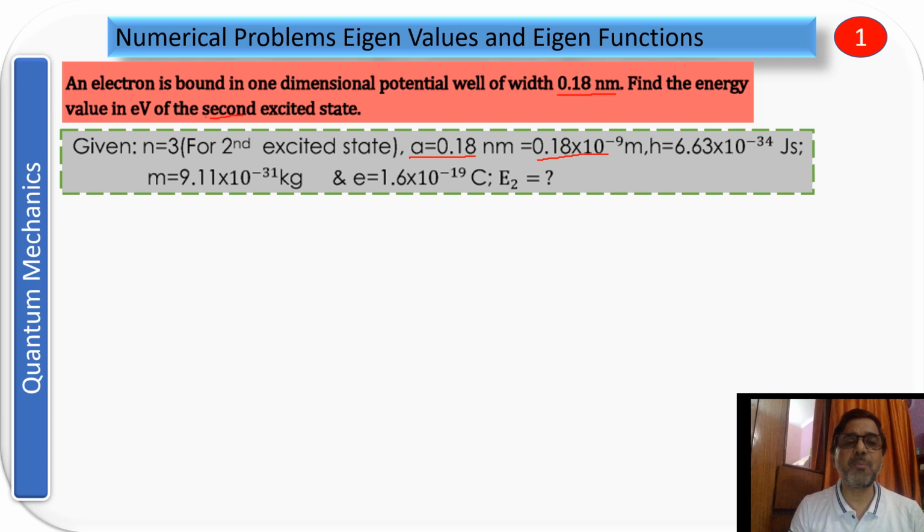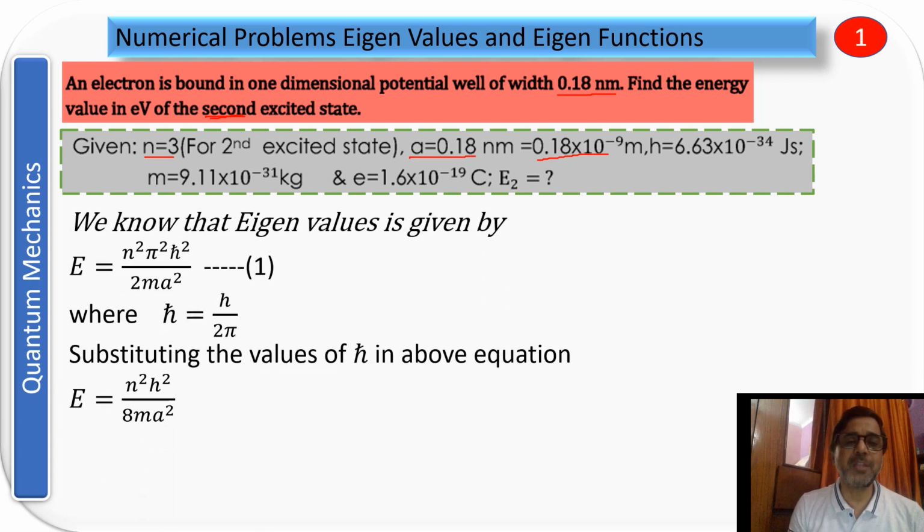So if you are given the second excited state, it does mean n equal to 3. If you are given the fourth excited state, then n is equal to 5. You should clearly understand this, because your ground energy state is first. E0 is not there. It is starting from E1. The rest are constants that we are going to use in the numerical problem.